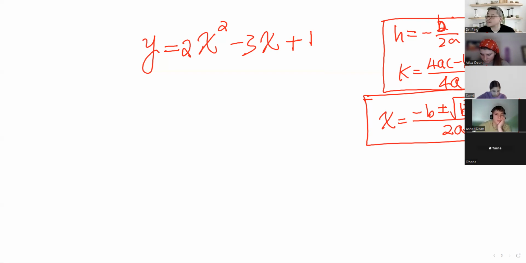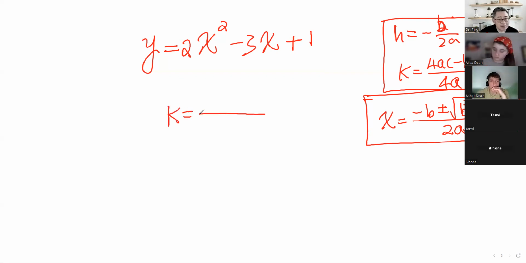Can you show me where I messed up on K, because I'm pretty sure I'm confused if I got it wrong. Well, the K is 4ac, our a is 2, our c is 1, then minus b squared, our b is -3 squared, and over 4.